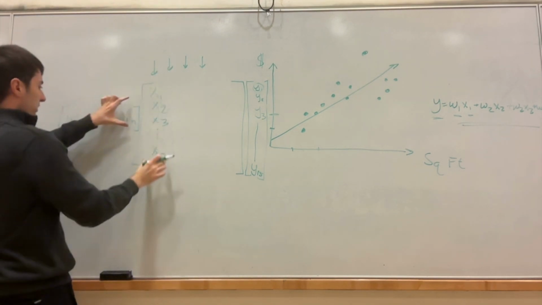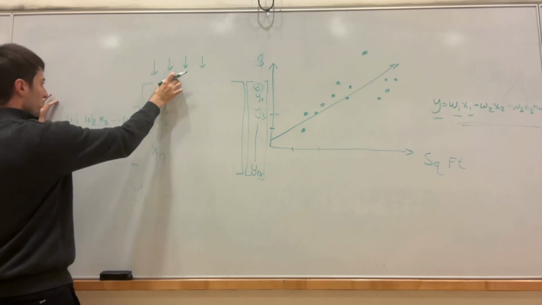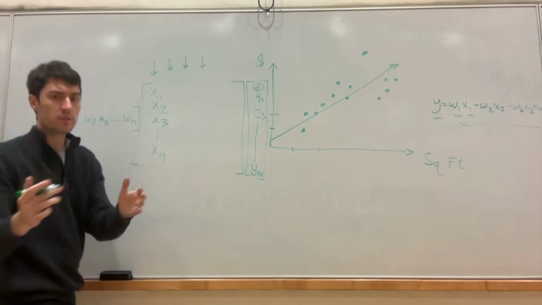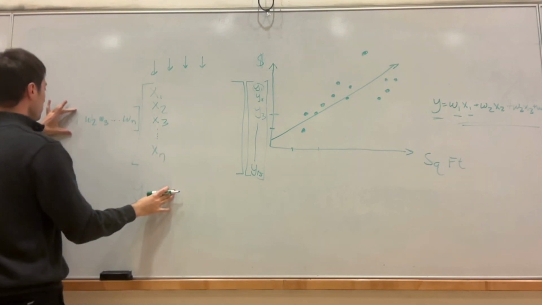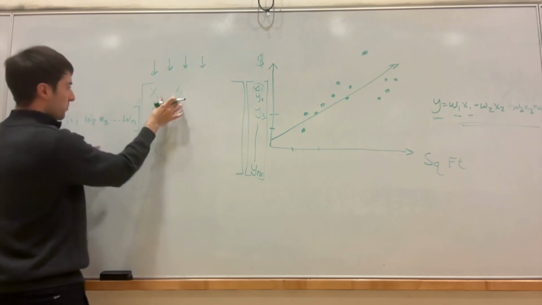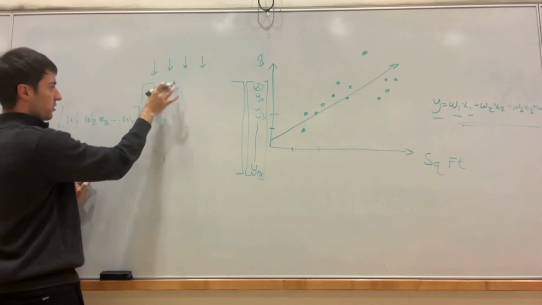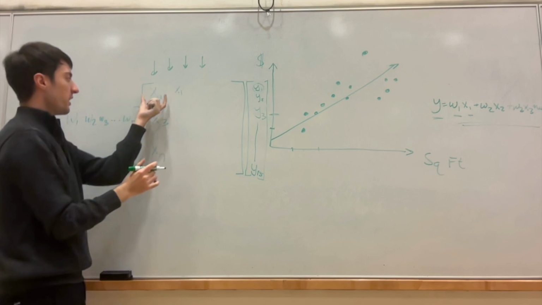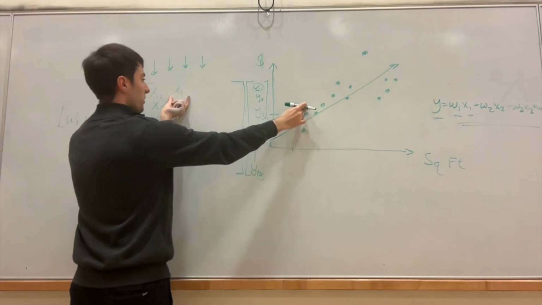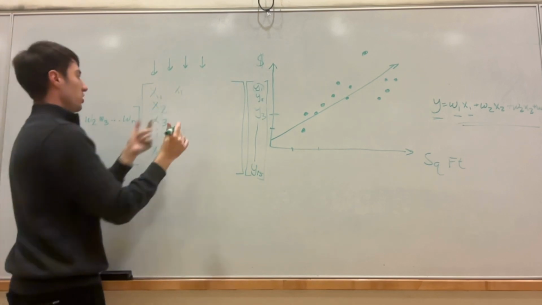Well, remember, we go like this, then we go on this one, and then we go like this. And it's going to do the exact same thing, right? W1 multiplied by x1, and by the way, these two are different. This is the first training data point, that's this one. This one is the second training data point, but it's for the x1 dimension.